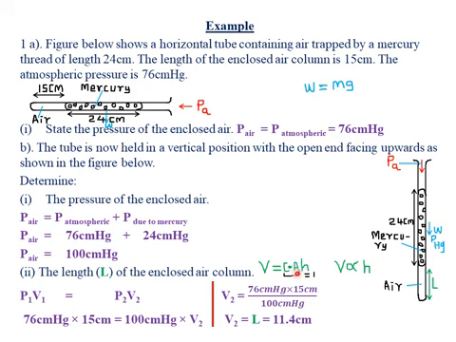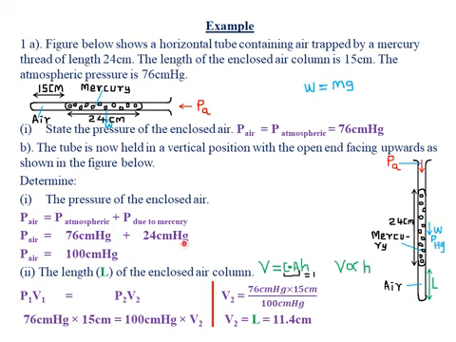So if we take cross-sectional area to be a constant of 1, the volume will be equal to the height, because volume and height are directly proportional to each other. Therefore, our volume V1 will just be equal to the length of the air column in the first case, which was 15 centimeters, then is equal to P2, the pressure in the second case.